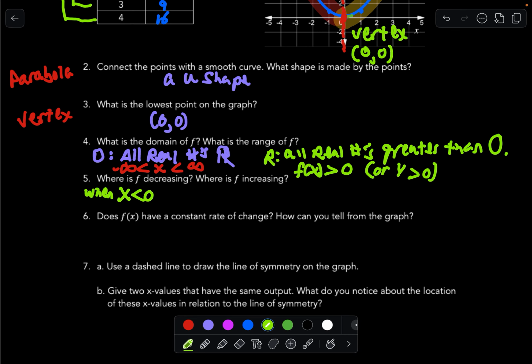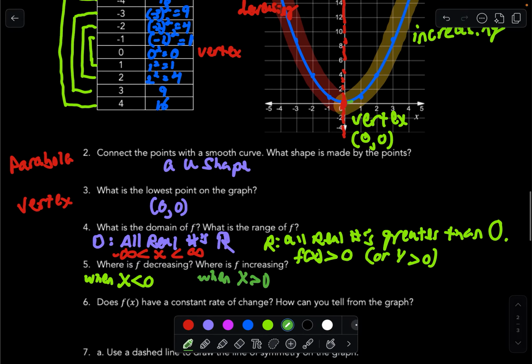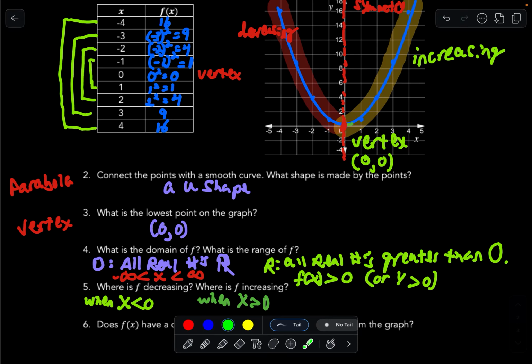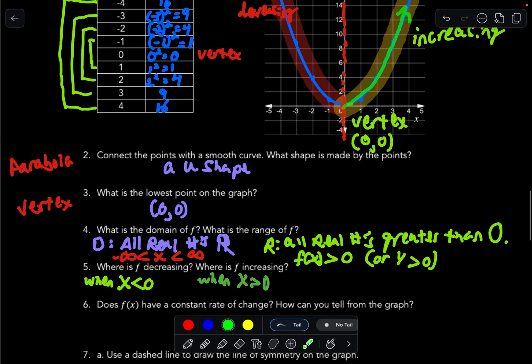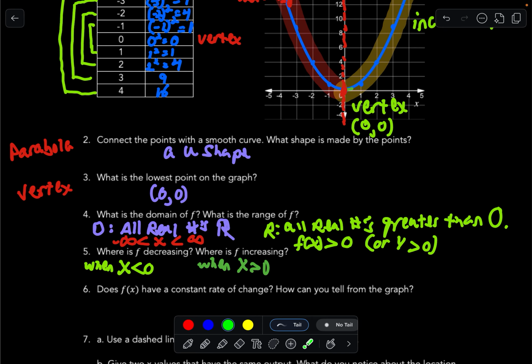Where is f of x increasing? Well, when x is greater than 0, because as you can see from the graph, it's going up to the right. So notice all this is in reference to where the vertex is. In this case, the vertex is at 0, 0.